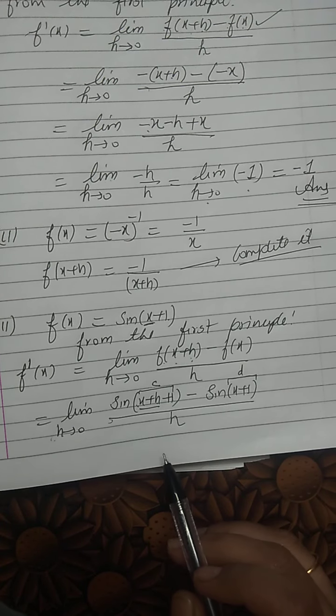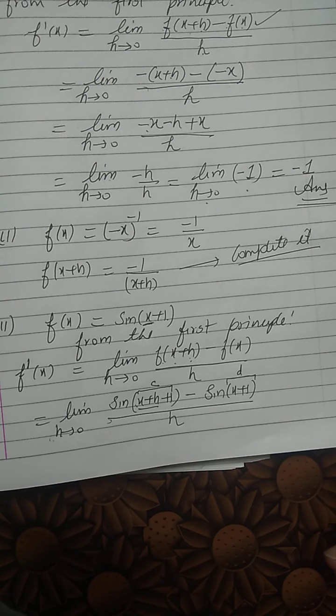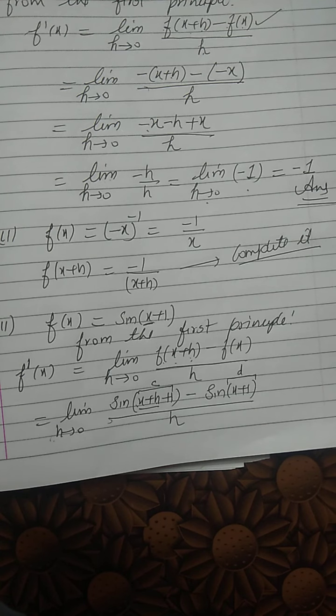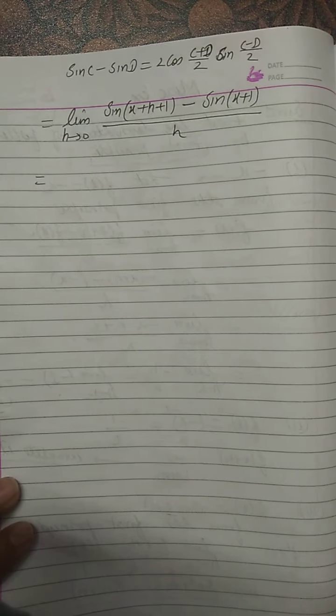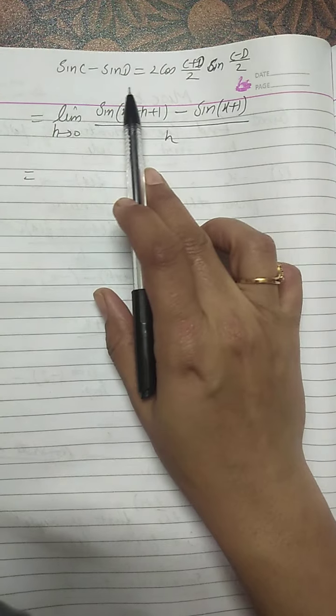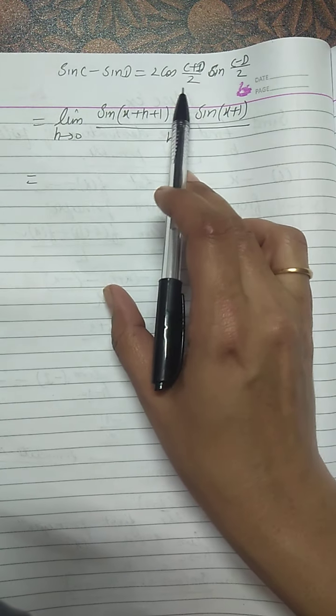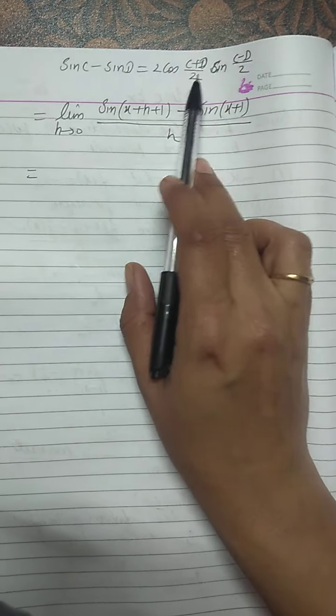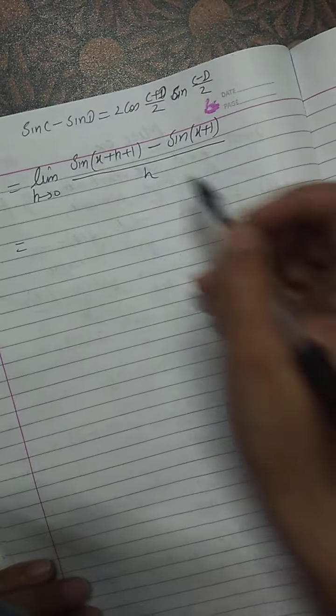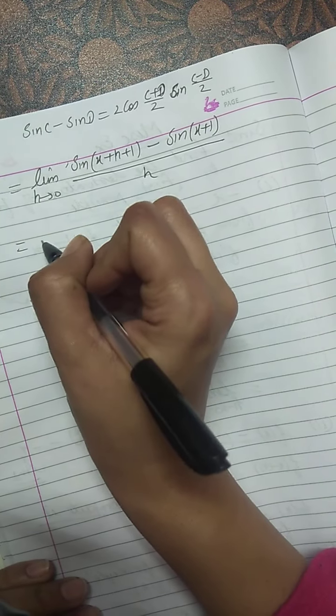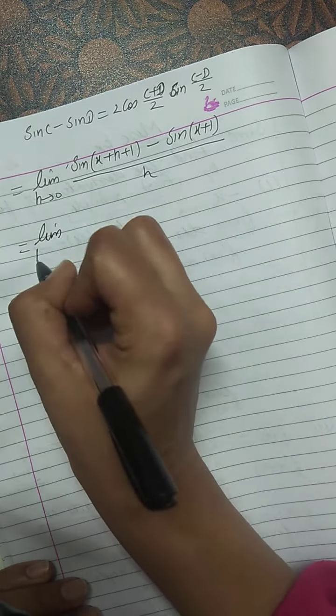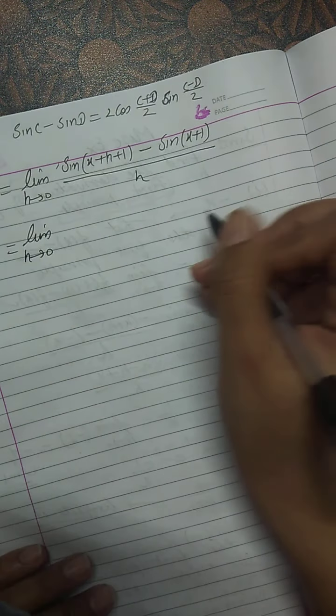Okay, so I'm just shifting this term onto the next page, and then we will continue with the formula. So here we have sin c minus sin d. I have just written the formula over here. We will apply this rule, and after that only we will apply the limit. So limit h approaches to 0, we will write down as such.